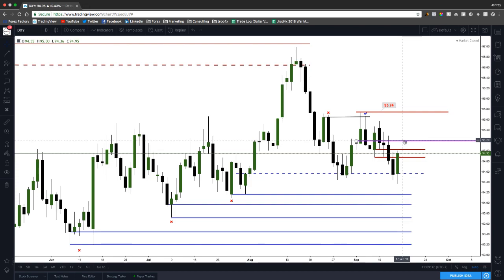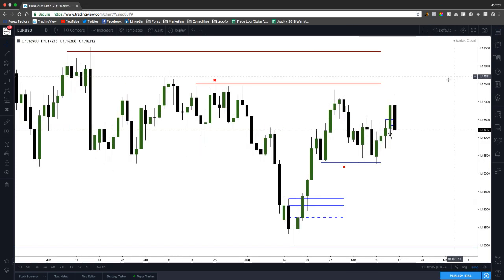If we get above 95.20, then we have to assume we're probably going to run the 95.74 high. And if we do get above 95.74, at that point, we may have to switch our stance to potential bullishness. But as long as we remain below 95.74, I think we'll get continued weakness and really dialed in here on the daily. As long as we remain below 95.20, we should in fact see further weakness in dollar index.